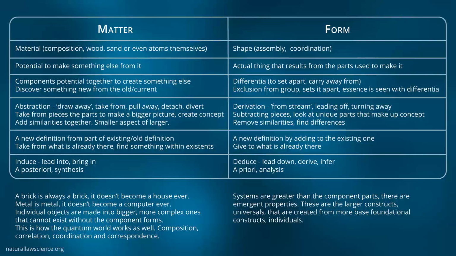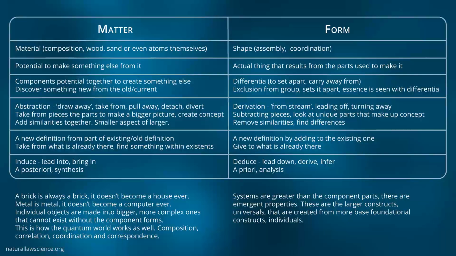The matter is the component's potential, that's why it's a potential, together to create something else. You can discover something new from the old and current. It's the potential to discover something new from the current, from the matter. The form has the differentia, the things that set it apart.